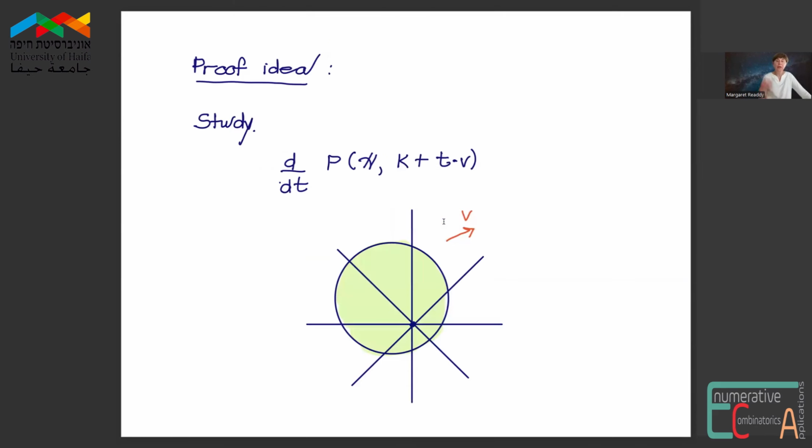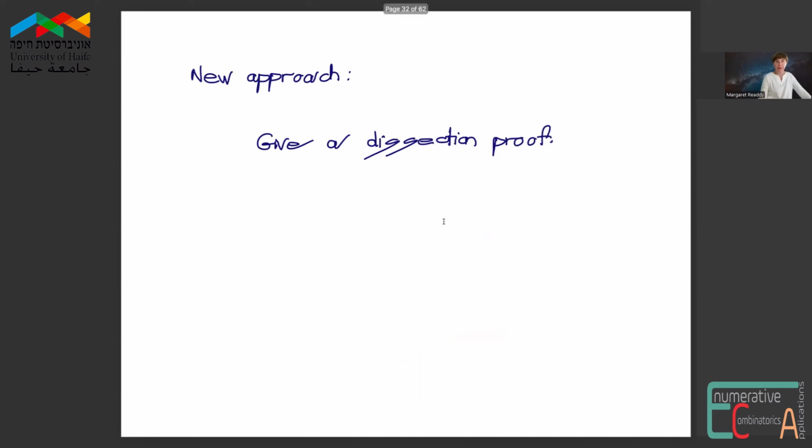All right, so how do you prove these kinds of things? What happens is that it is analytic. You have to study the derivative of the pizza quantity and how it changes when we shift the picture a little bit in the direction V. And we would like to avoid this kind of proof. What we really would like to do is give a dissection proof.